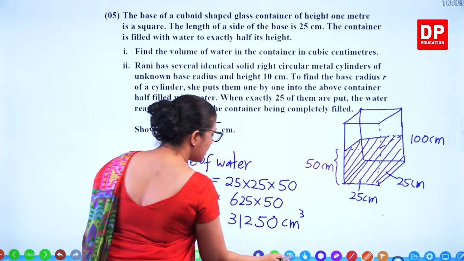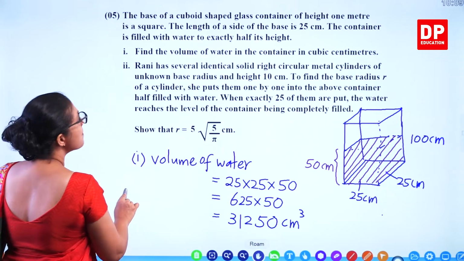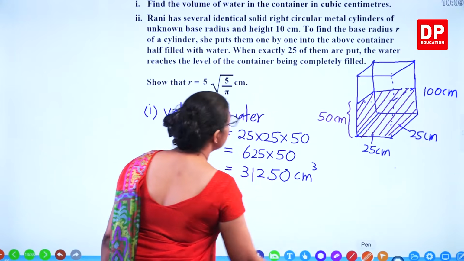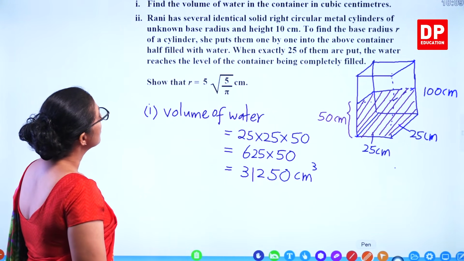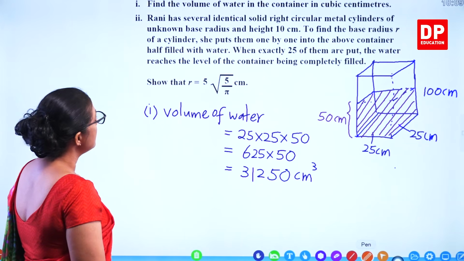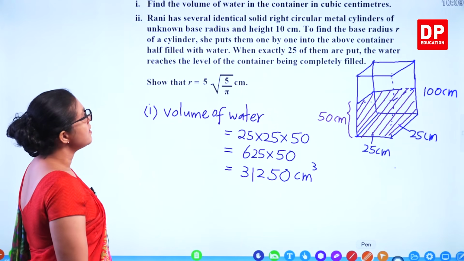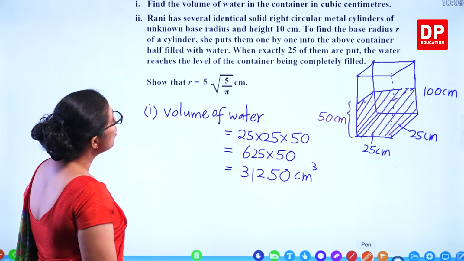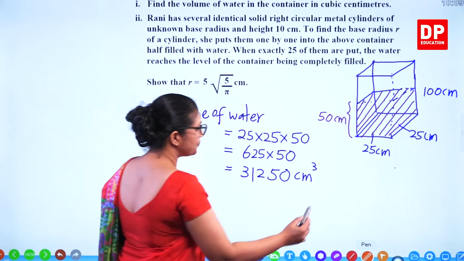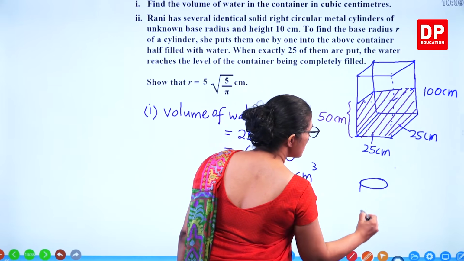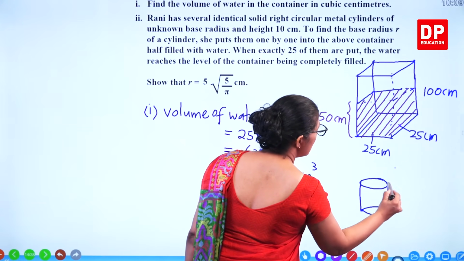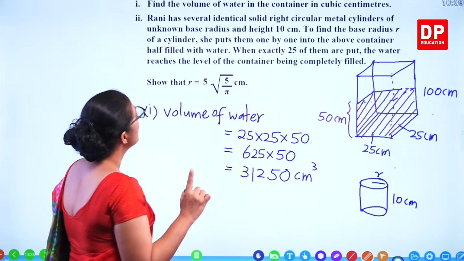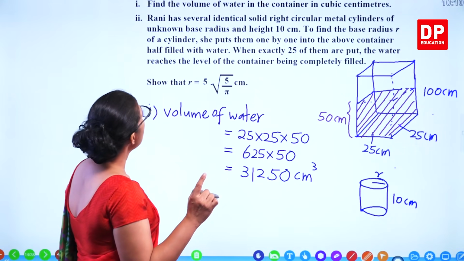Then the second part. Rani has several identical solids, right circular metal cylinders of unknown base radius and height is 10. So those are circular metal cylinders. We don't know the radius, but height is 10, and we'll take radius r.